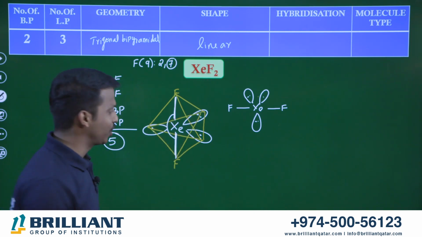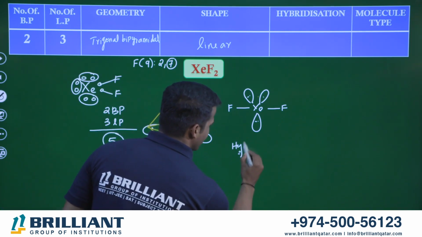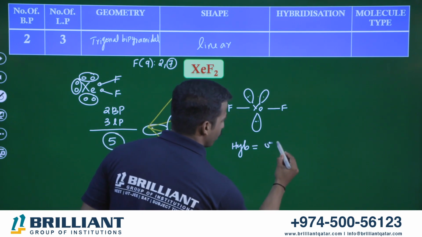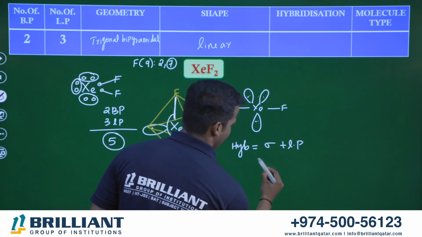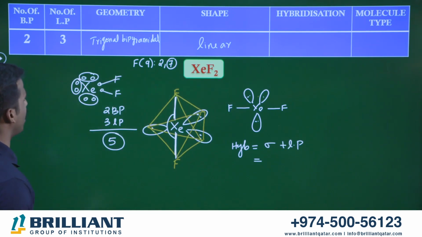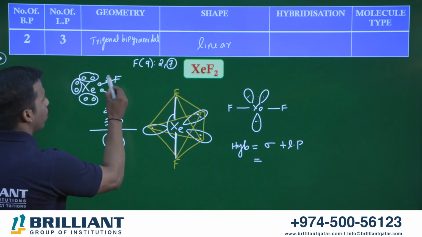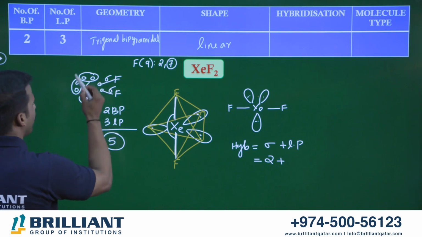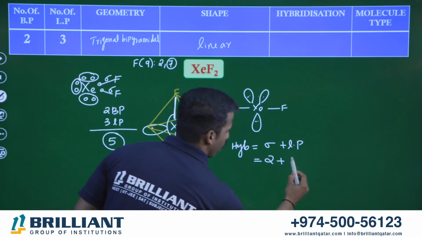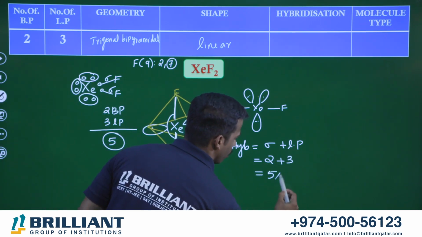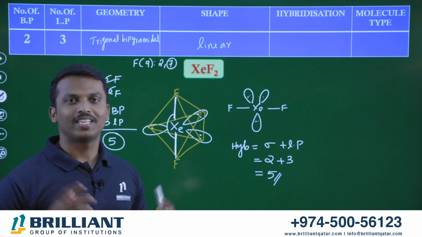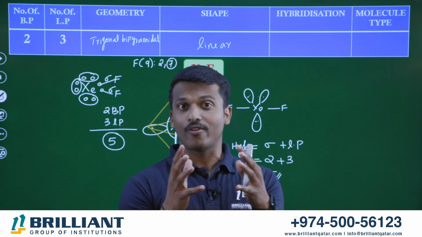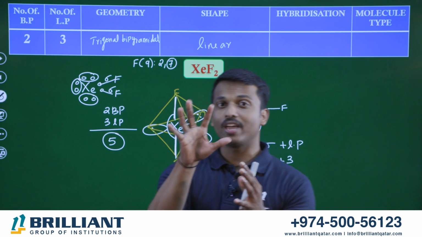What is the hybridization? Hybridization is equal to the sum of sigma bonds and lone pairs. How many sigma bonds are there on xenon? 2 sigma bonds. How many lone pairs? 3 lone pairs. Total is equal to 5. Hybridization means intermixing of atomic orbitals. So 5 is the sum.